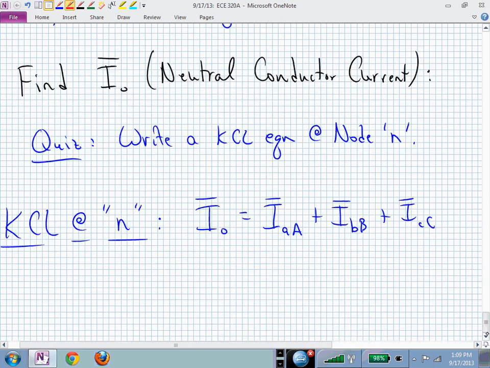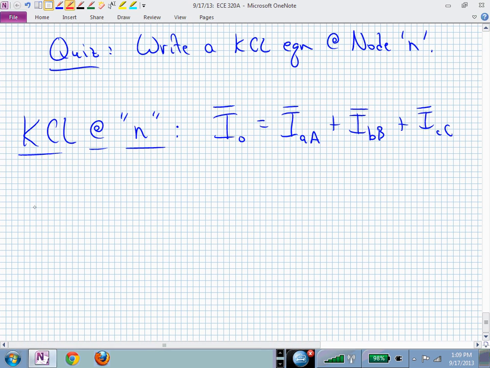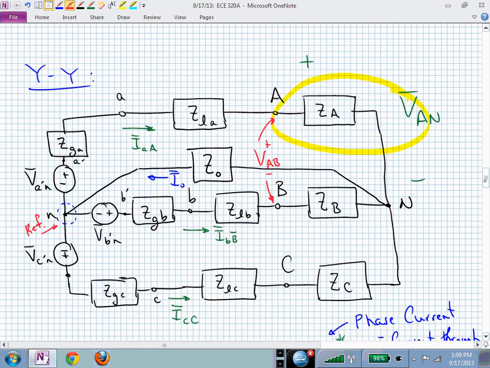Meaning, now I can rewrite this. There's I sub 0. What's I sub AA?